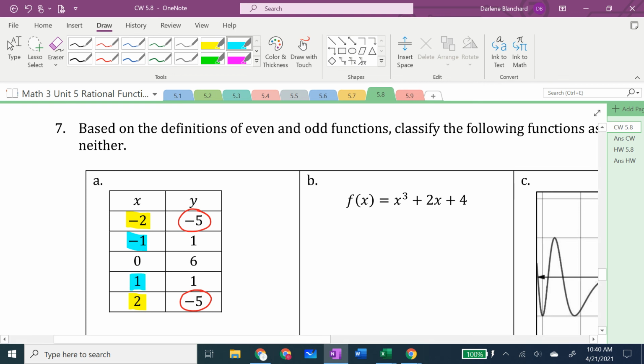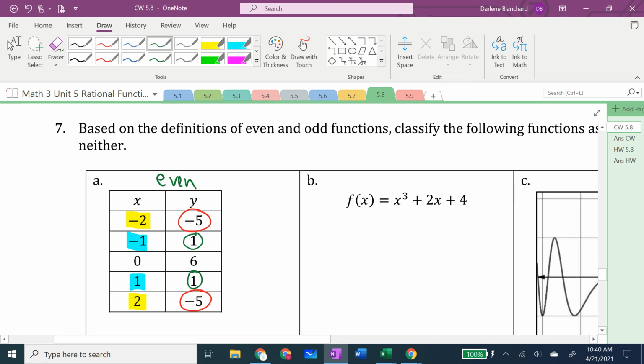Do you notice that they're the same? That means that this is even.